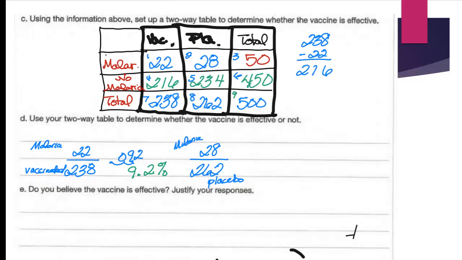Do we need some traveling music? 28 divided by 262. Somebody give me a number. Come on. What is it? 0.1. 28 divided by 262.